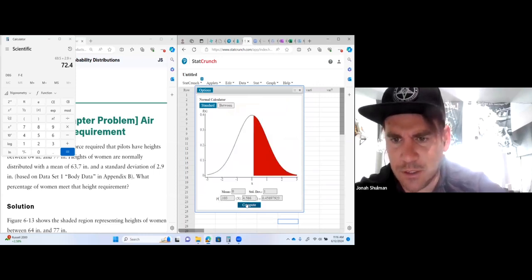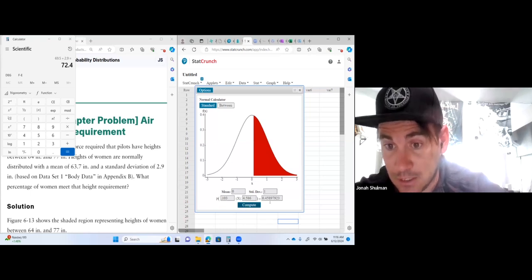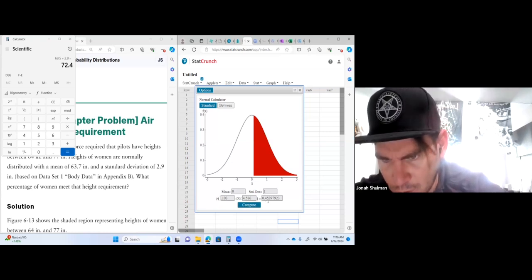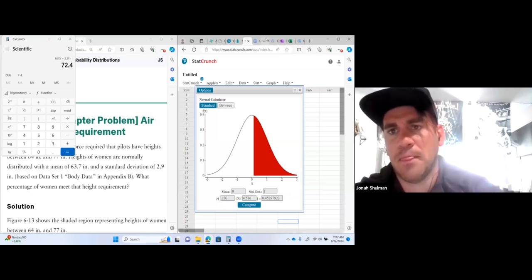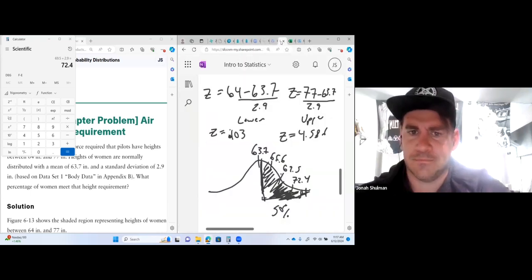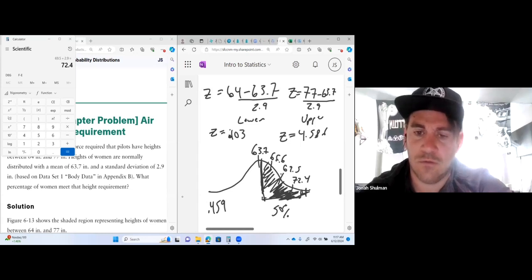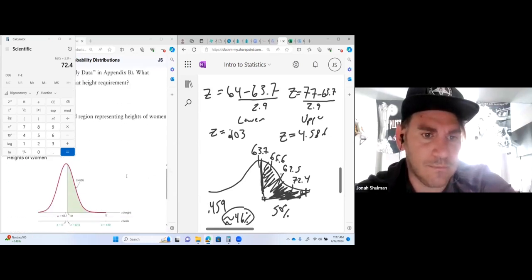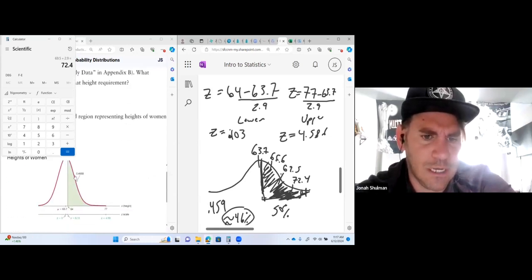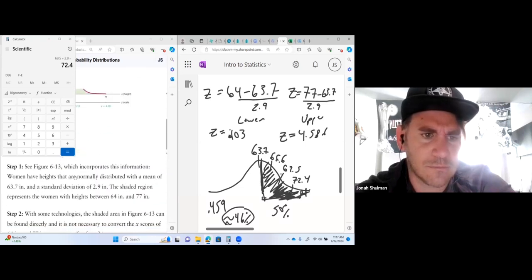You compute the thing. Did I say it was about 50%? Look at that. 0.459. So approximately 46% meet the height requirement. Ta-da! We got it. Cool.